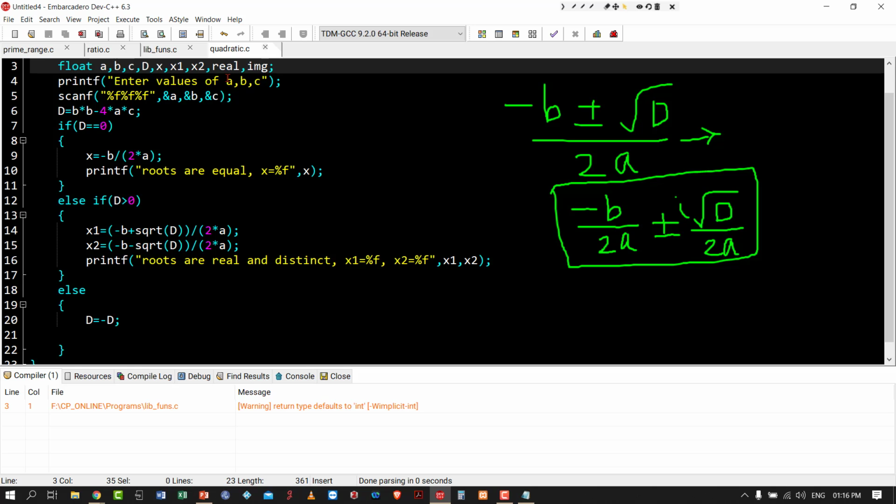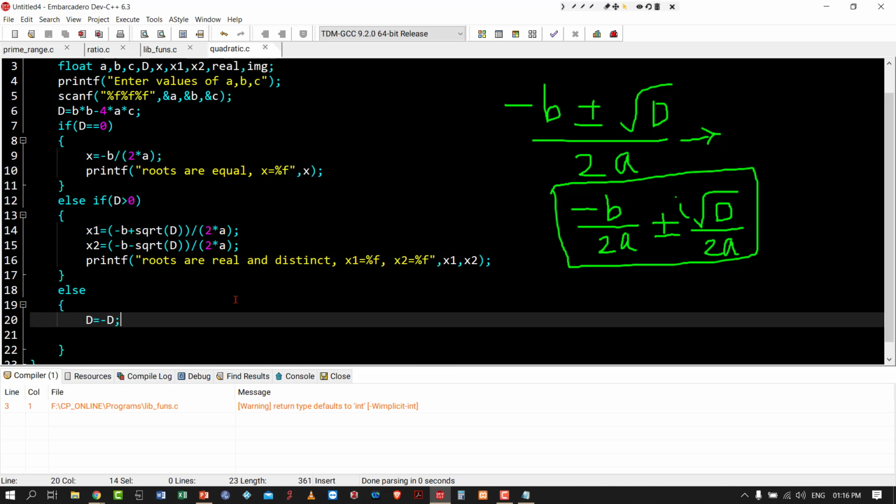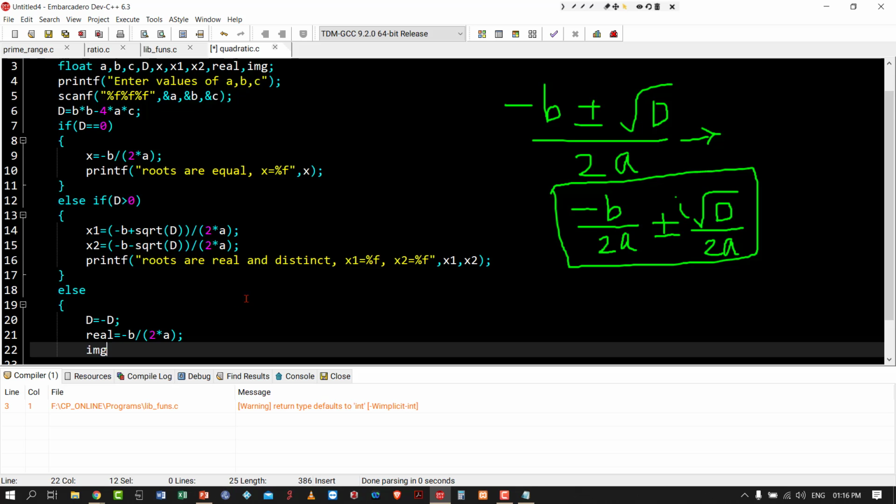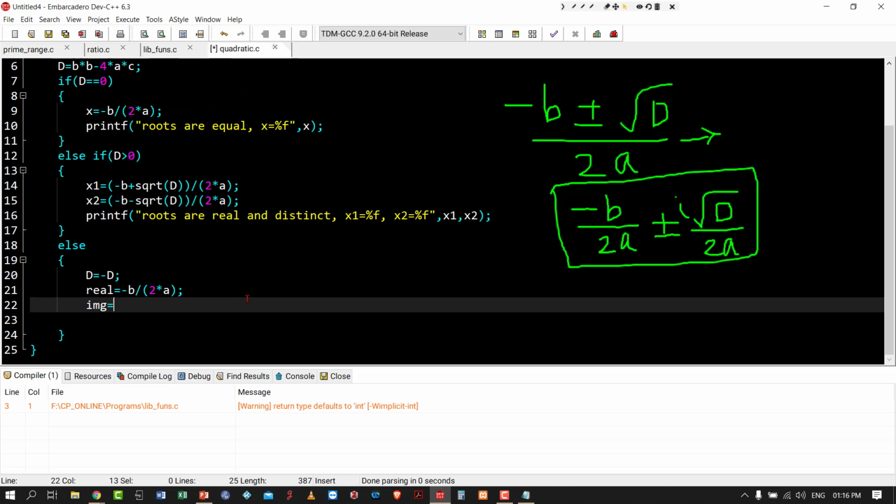I'm writing two parts. Real equal to minus b by 2 star a. img equal to sqrt of capital D by 2 star a.